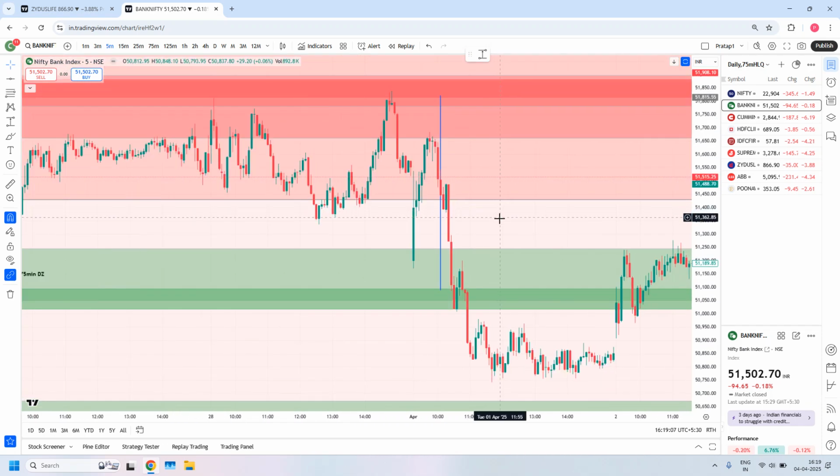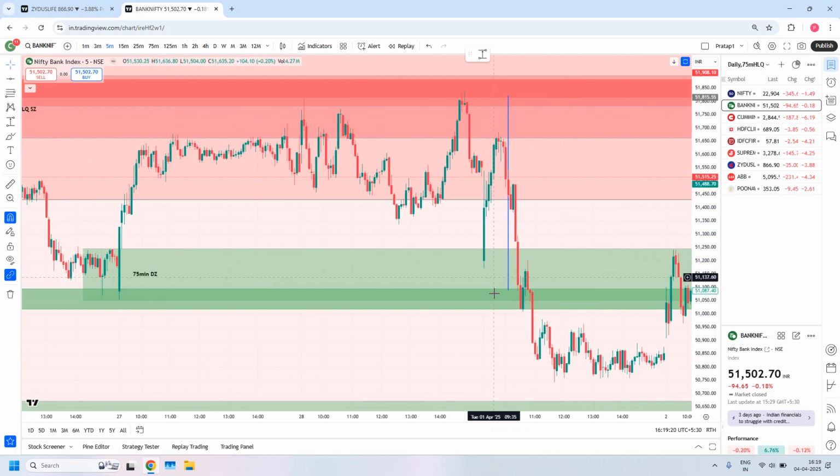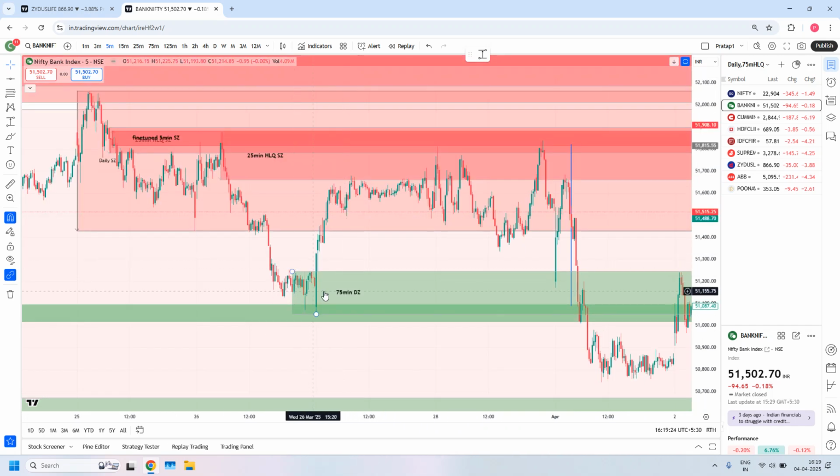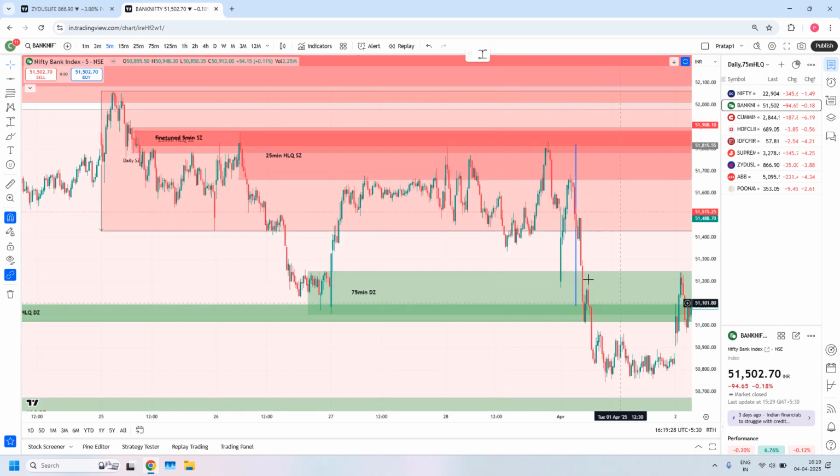And also last weekend, I told you this is the immediate range for the Nifty. But unfortunately, the next day, this 75 minutes demand zone, which also has this 5 minutes HLQ demand zone as a horizon, was violated.